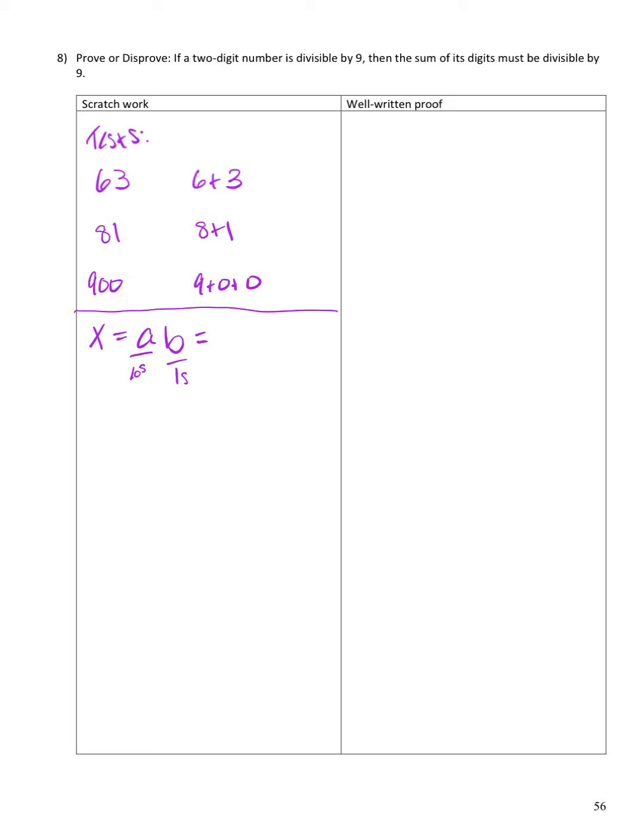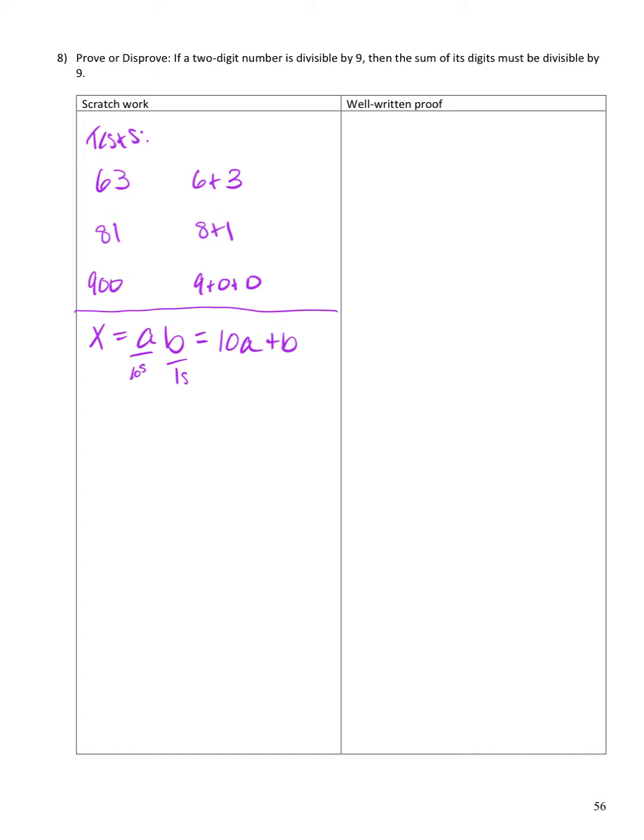A is in the tens digit, so it's really 10A. Because if it's 63, that 6 really represents a 60, so it's 10 times 6, and then plus the ones. So 10A plus B.